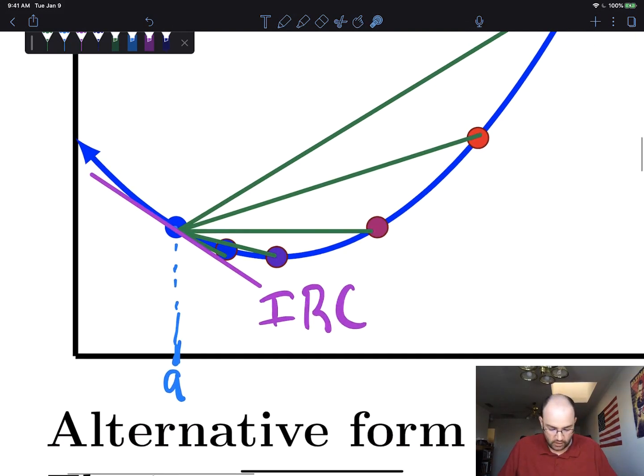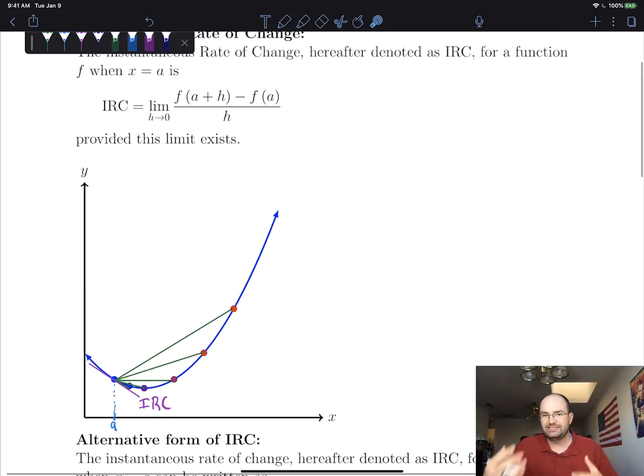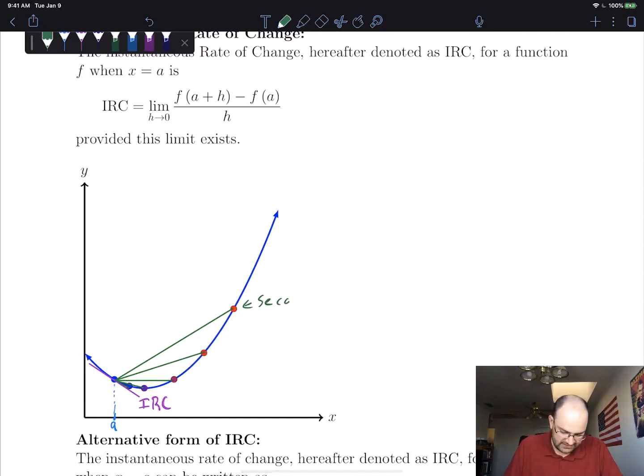The slope of that line is what the instantaneous rate of change is. So the slope of the tangent line is the instantaneous rate of change. Now each one of these is called a secant line, whereas the one that's representative of the instantaneous rate of change is called the tangent line.